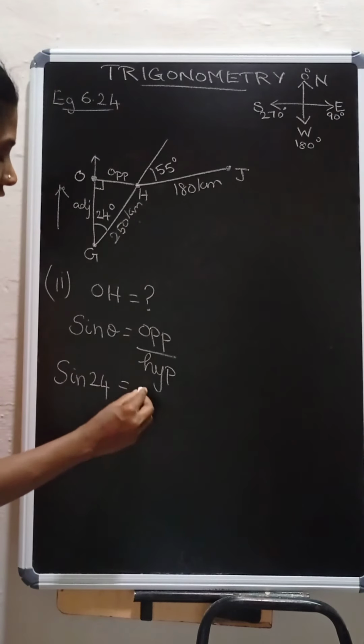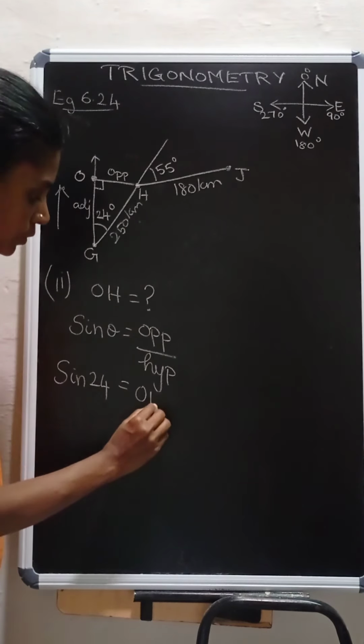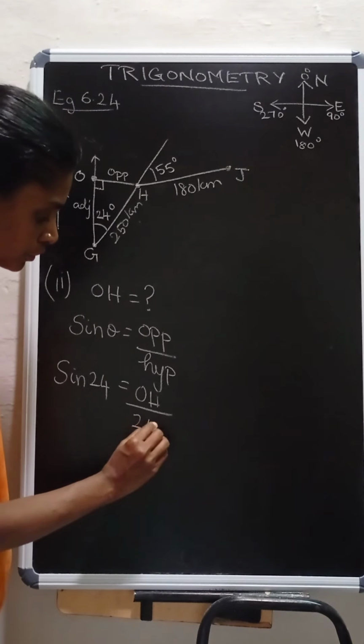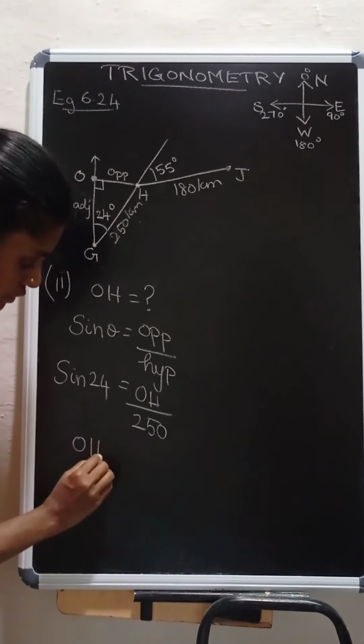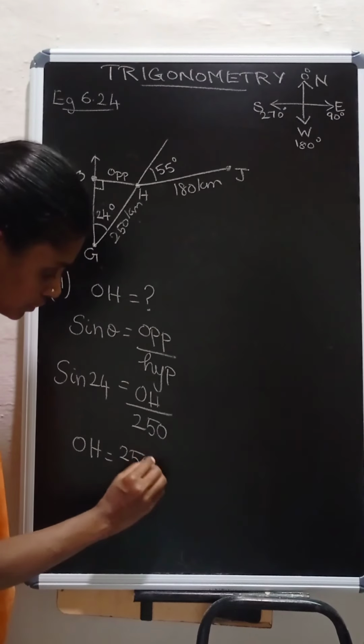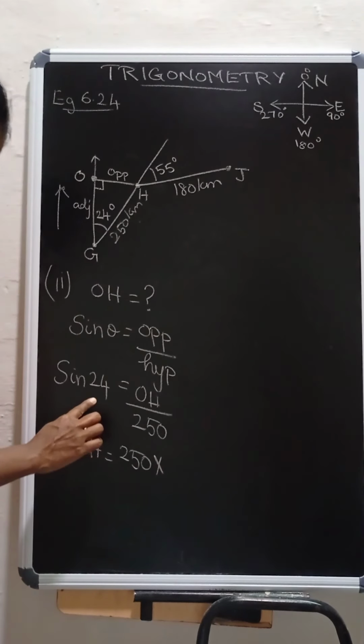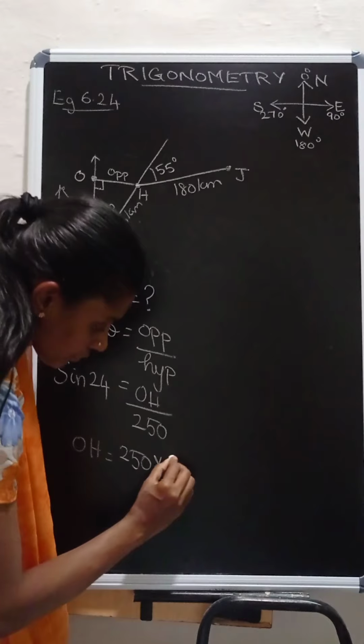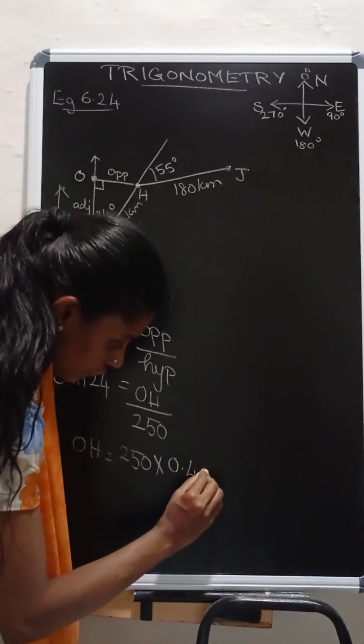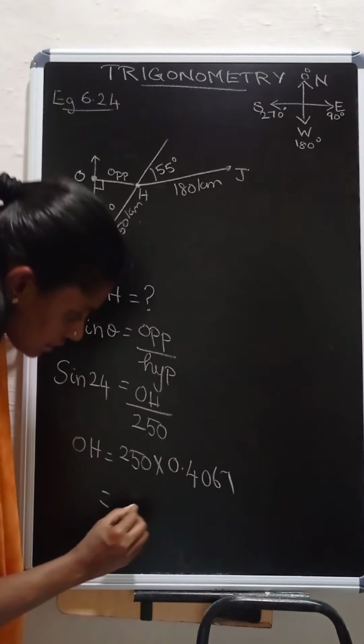Sin 24 is equal to OH by 250. So OH is equal to 250 into the sin 24 value they have given you in the question, 0.4067. Now multiply.